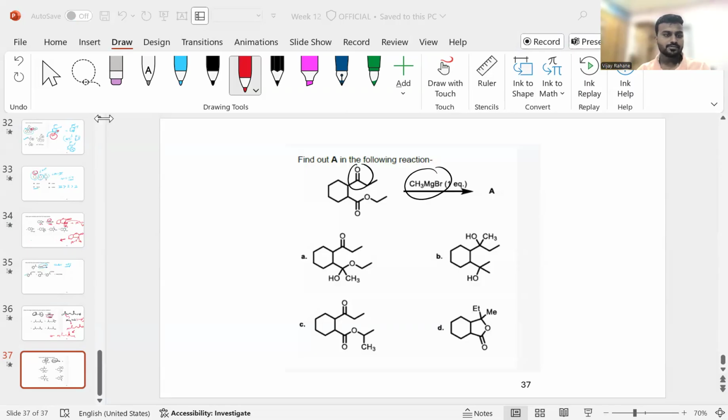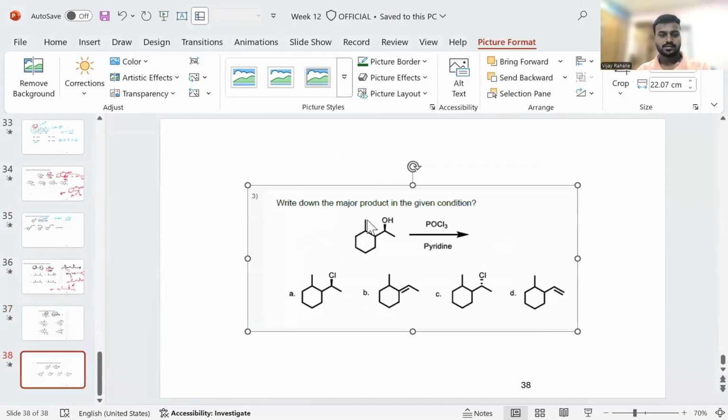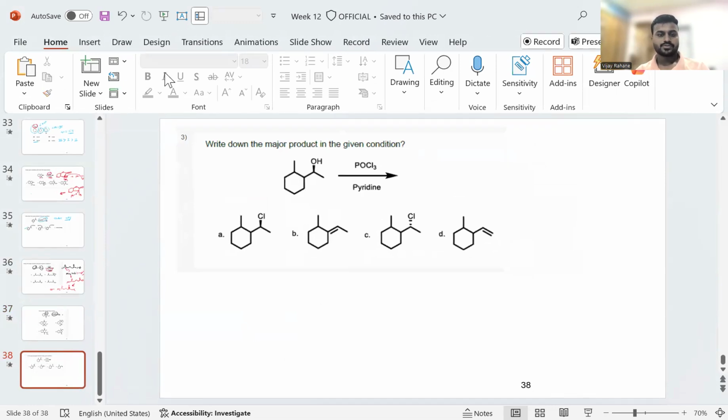Right. So I think we have also discussed the same question, but that time we have not reached the final answer, because this is the alcohol group, and we have added POCl3 and pyridine. The pyridine is the base.